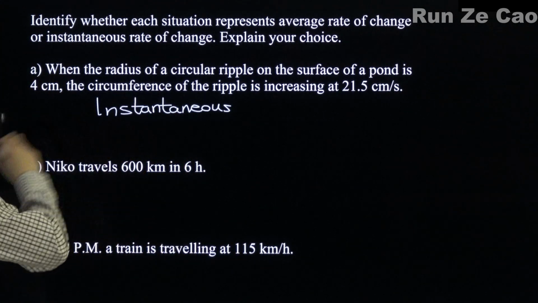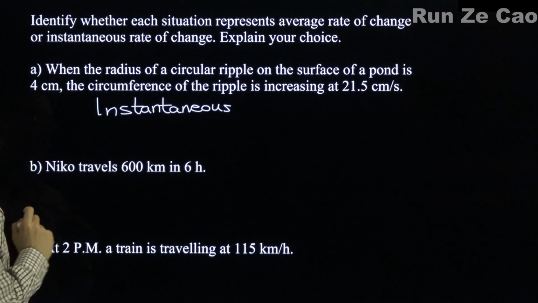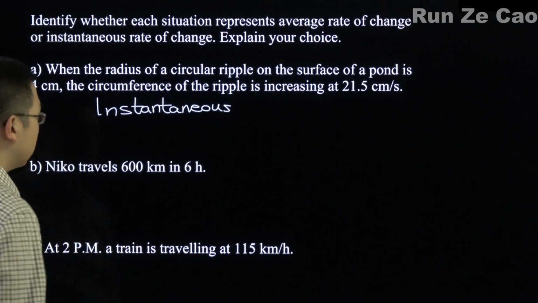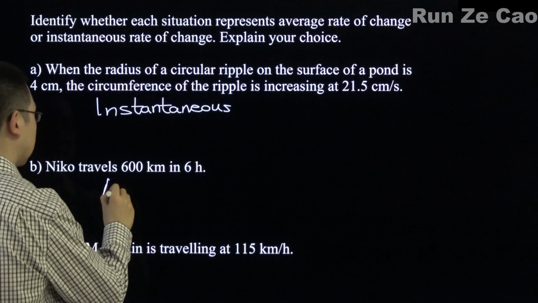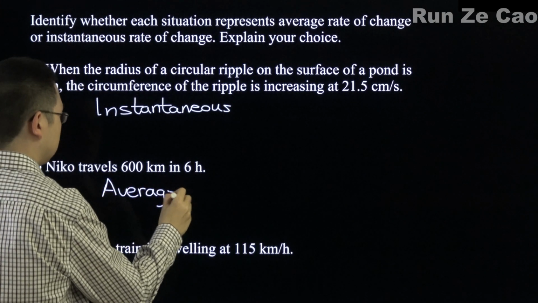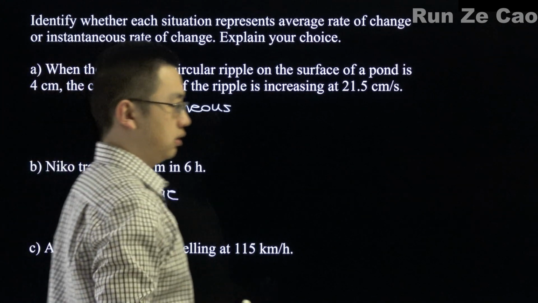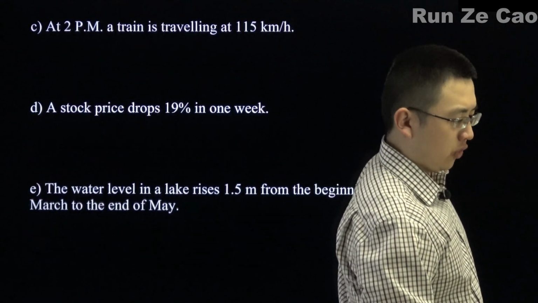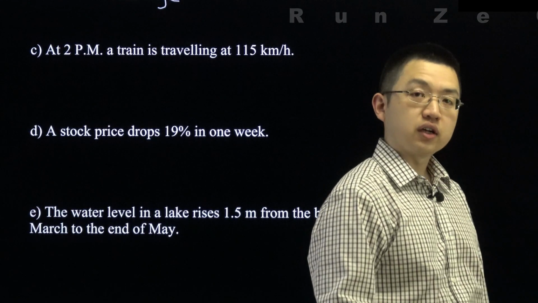Now, Nico travels 600 kilometers in 6 hours. That's an interval of 6 hours. So this is an average rate of change. And let's say at 2 p.m. a train is traveling at 115 kilometers per hour.